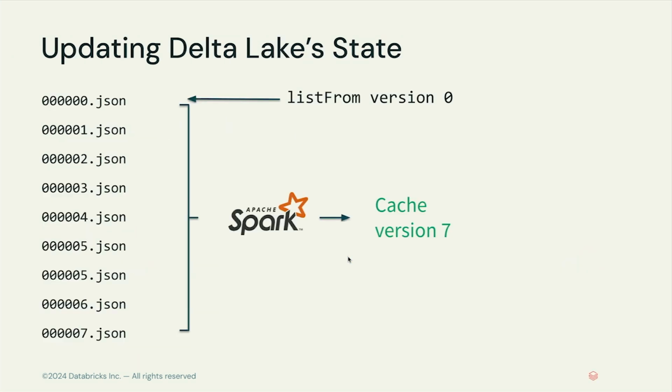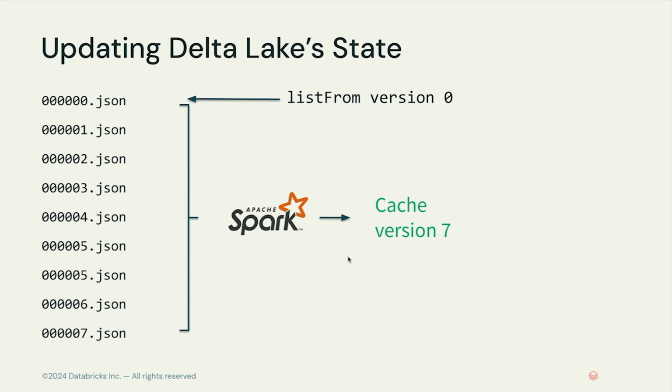All right, so I told you it gets dense. At the very beginning I said a table is a collection of actions, which is just the metadata aggregated together. So when the processing actually happens, you have a user that comes in and queries. The latest version of the table is version 7.